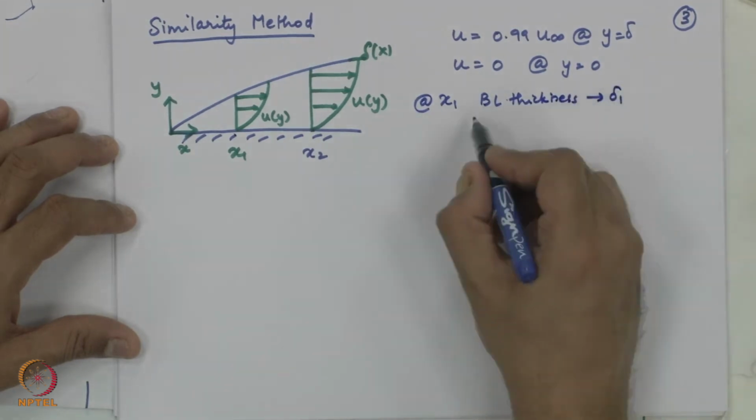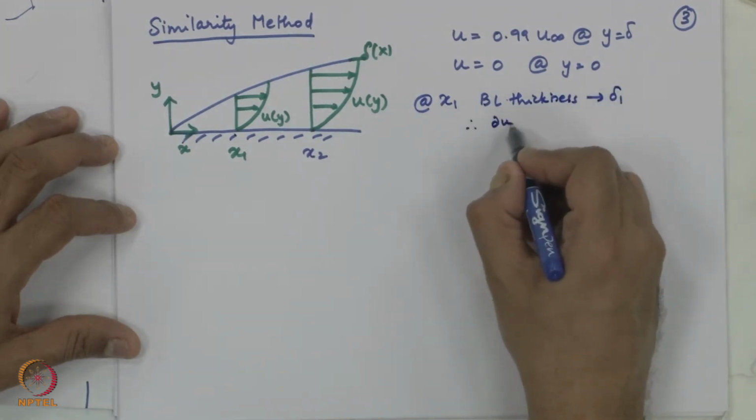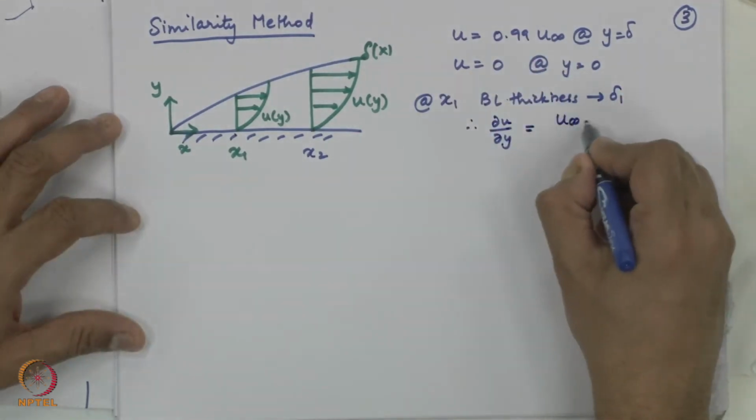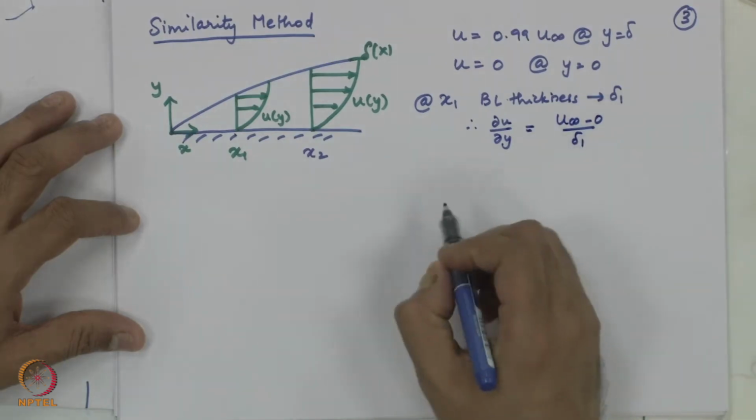delta 1, therefore, the change du by dy in a very gross way is u infinity minus 0 divided by delta 1.